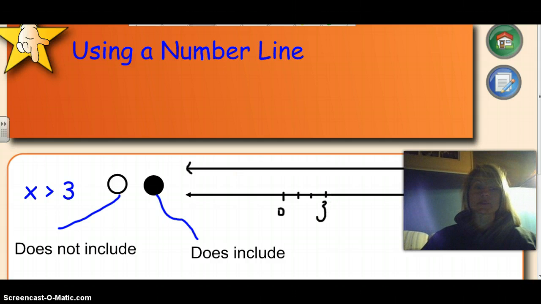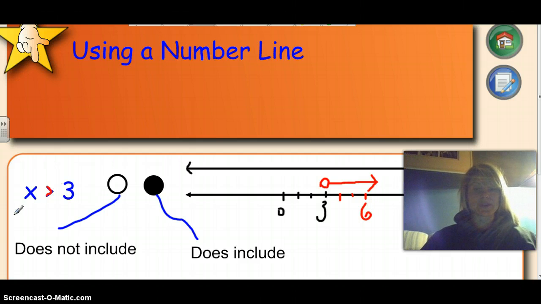So that means any number is bigger than 3, not including 3. So I put an open circle above the 3 and draw it to the right. And you may notice the greater than sign sort of looks like it's an arrow pointing to the right, and that kind of helps remind me which way to go. So that's 3, we'd have 4, 5, 6, all the way up to infinity, really.